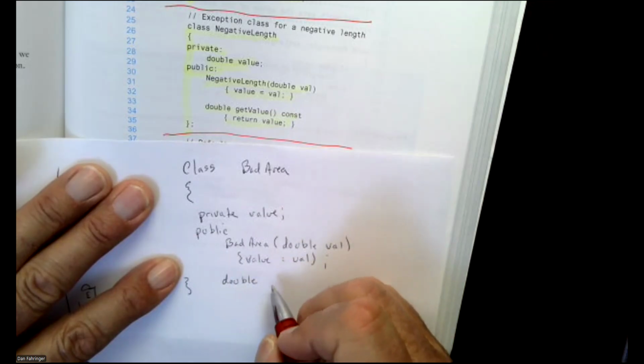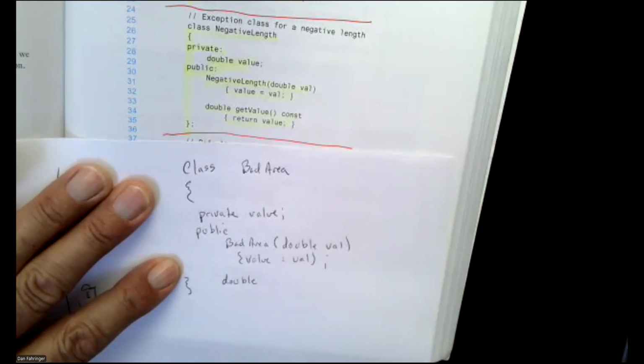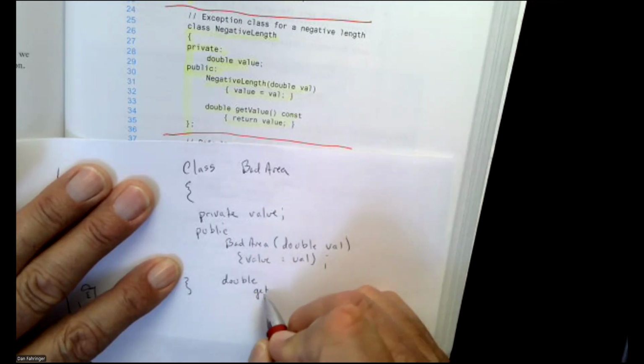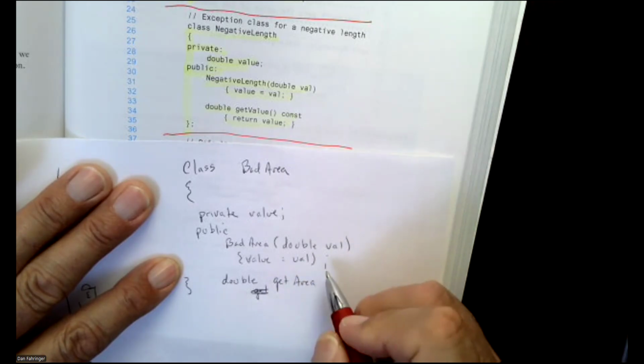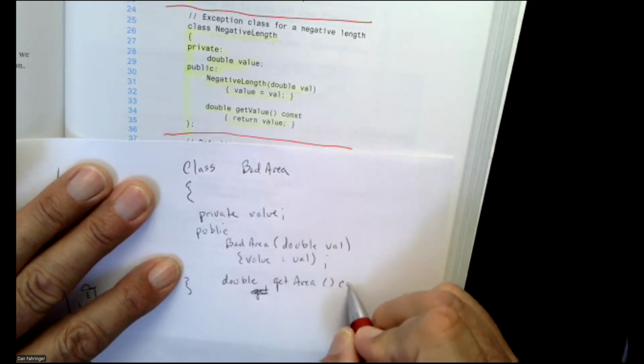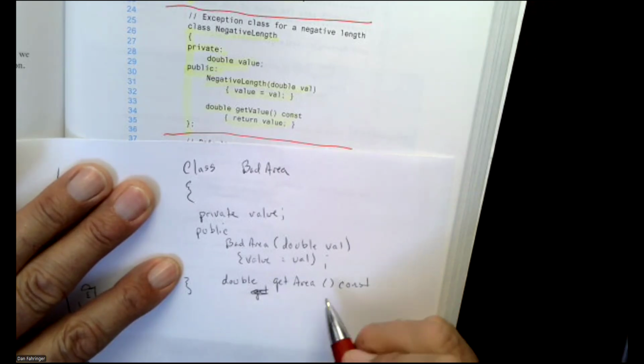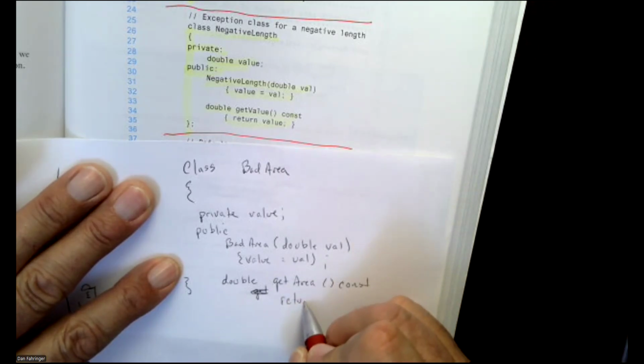and so the class is called bad area. Get area. I don't want to screw anything up while I'm here, but I would return the value again.